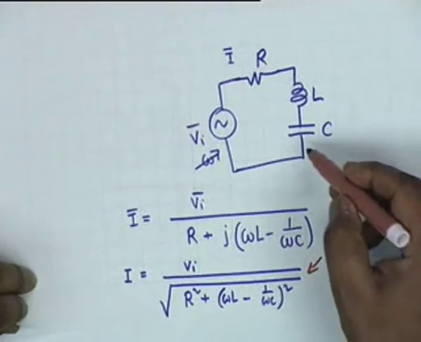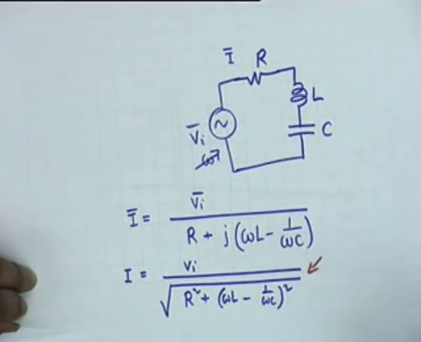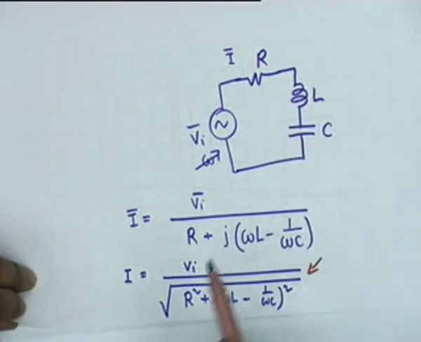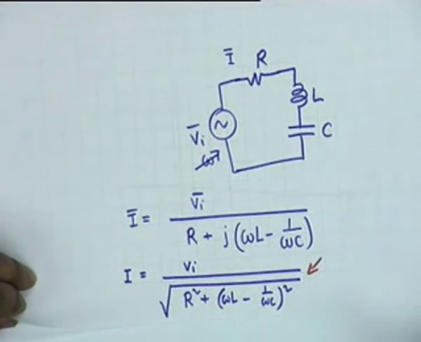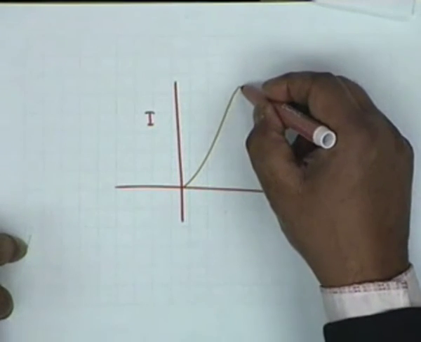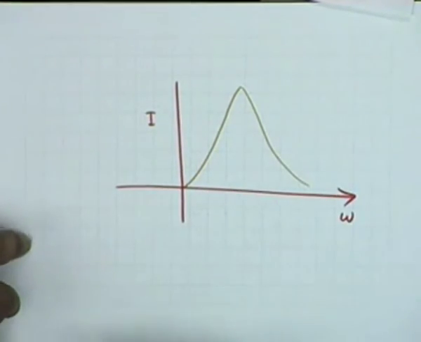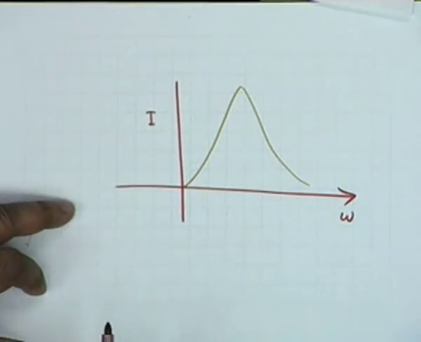Why? Because there is a capacitor, and at infinite frequency the inductance acts as open, so again the current shall be 0, and in between you have a maximum, and you can see that this is indeed the circuit of a band pass filter.